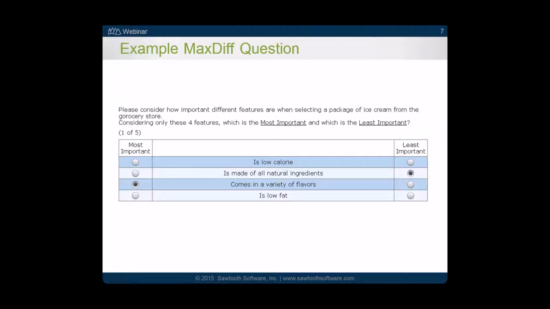And I should mention that it doesn't just have to be importances. This is the season where people are going to start doing a lot of political surveys. So if we had 4 planks on a political platform and we wanted to see which one people agree with most and which one they agree with least, we could force them to make these kinds of trade-offs.